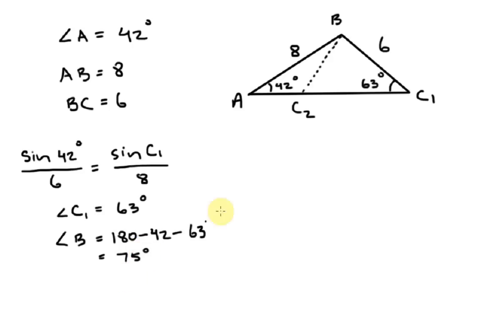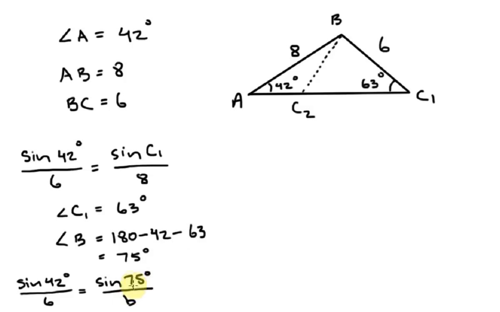So the only thing that I don't have is side B, and that's from A all the way over to C1, the big side here. How am I going to get that? You guessed it, law of sines. So I go sine of 42 over 6, and that has to equal the sine of angle B, and I just worked out angle B is 75 degrees, divided by the side across from it, which is the long side there.